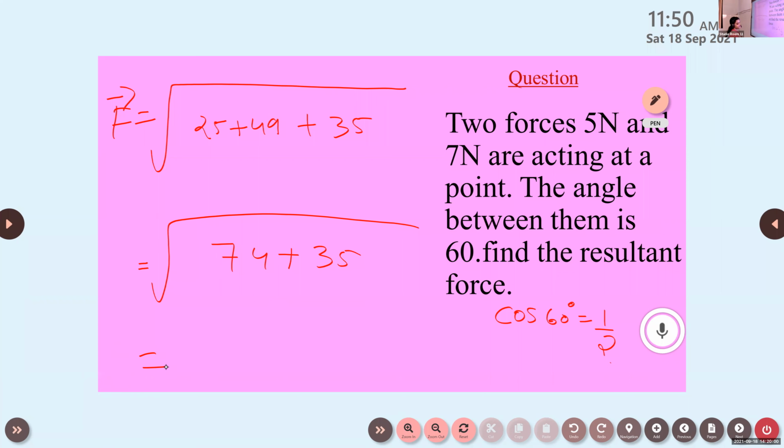What's the answer? Root 109. This is the final answer. The resultant force F is equal to root of 109.